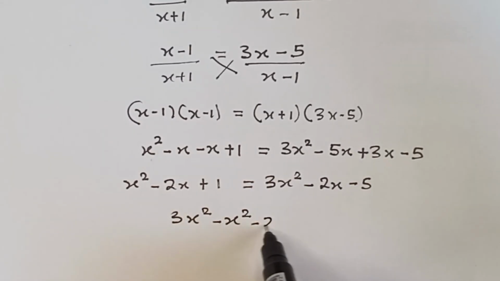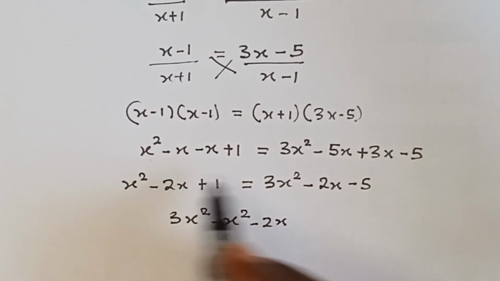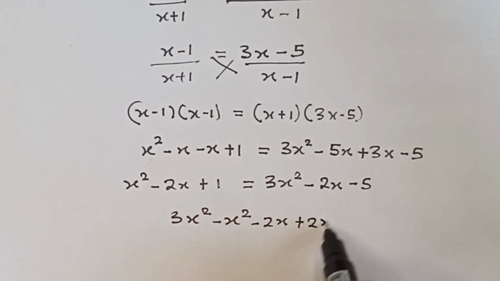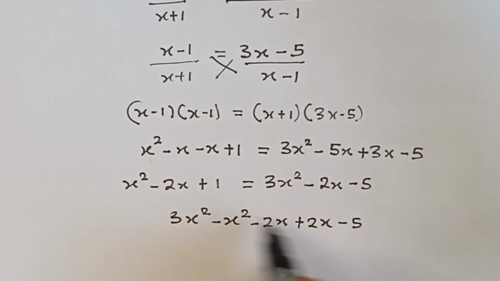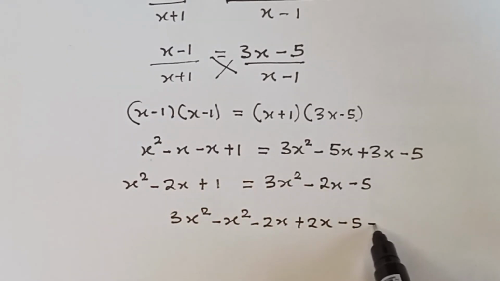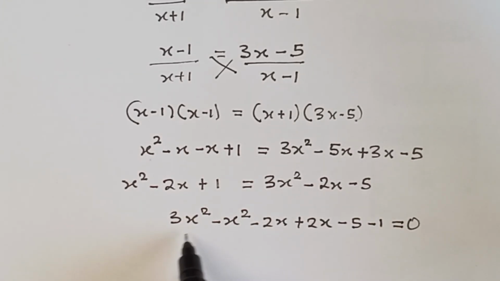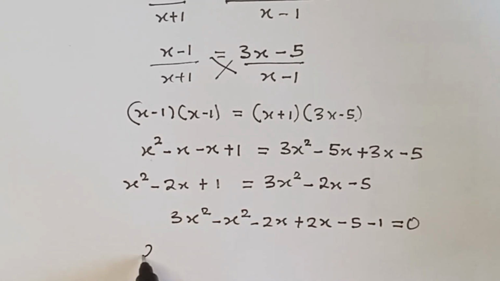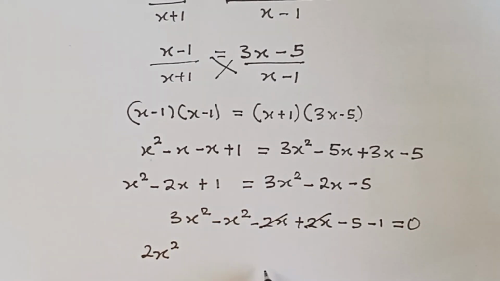We have minus 2x here, bring this minus 2x to this side, it becomes plus 2x. Then we have minus 5, bring this plus 1 and it becomes minus 1. Everything equals 0. Alright, so now 3x squared minus x squared will give us 2x squared, minus 2x plus 2x will cancel, minus 5 minus 1 will give us minus 6. Everything equals 0.